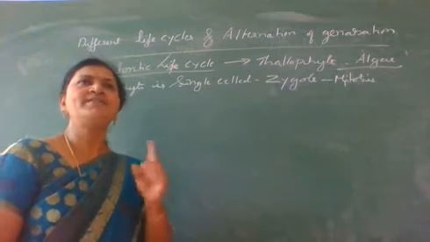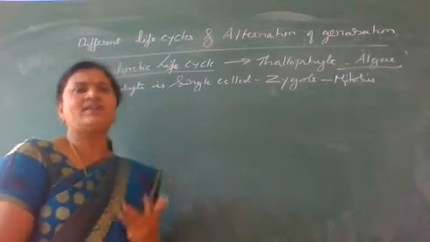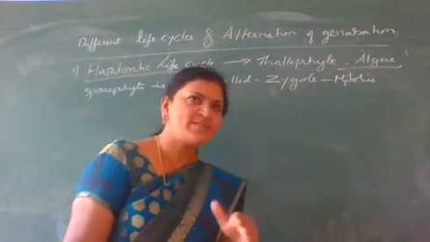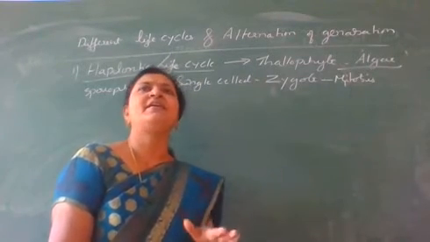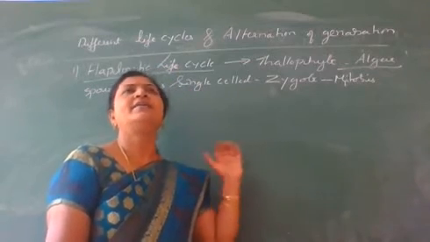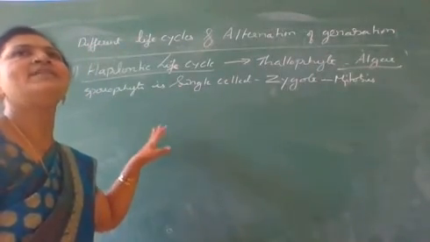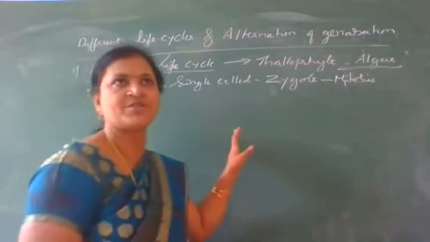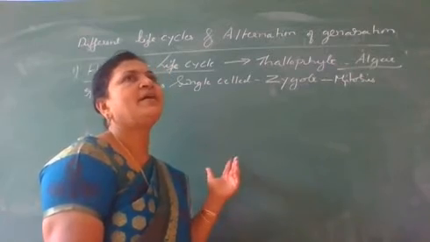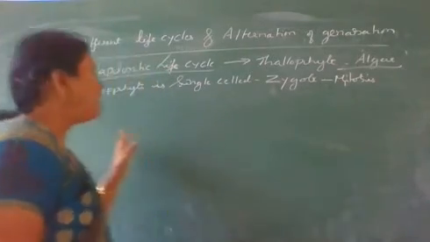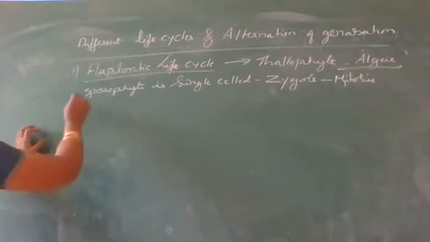Then the sporophyte is represented by a single celled zygote, which develops into a sporophyte that is always dependent and non-photosynthetic, and undergoes meiosis to form again the haploid cell which develops into a gametophyte. The sporophyte produces what? Haploid spores that develop into a gametophyte. Therefore, this life cycle is called haplontic life cycle.